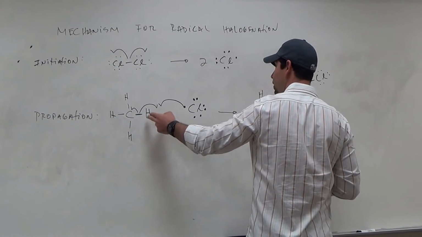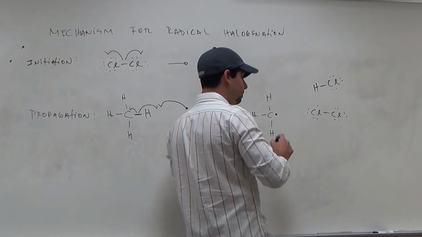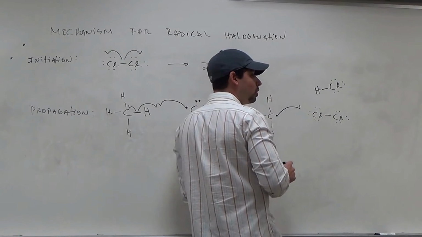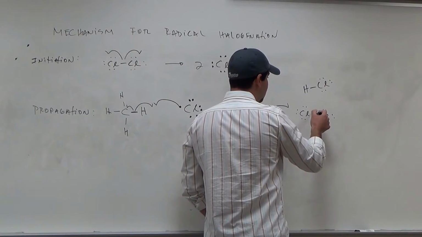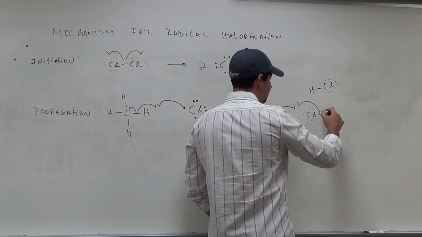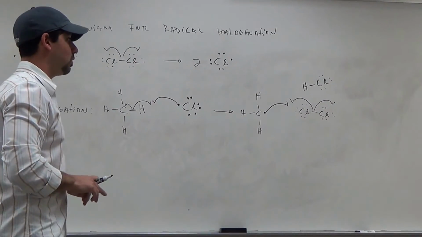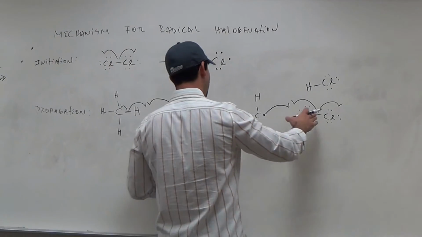Exactly what the chlorine did here is going to happen here. This radical is going to go to that chlorine, and the chlorine is going to use an electron from this bond.